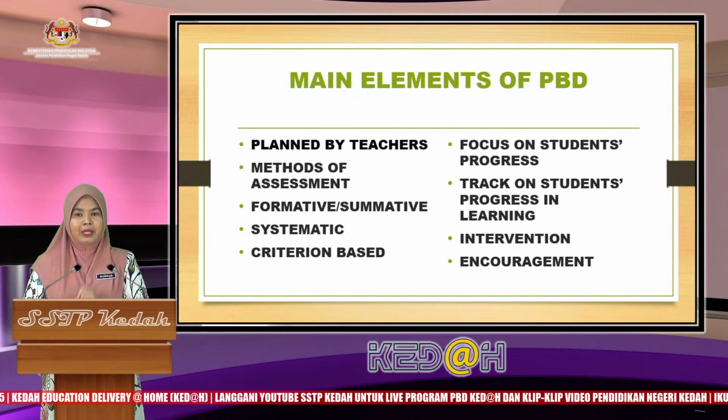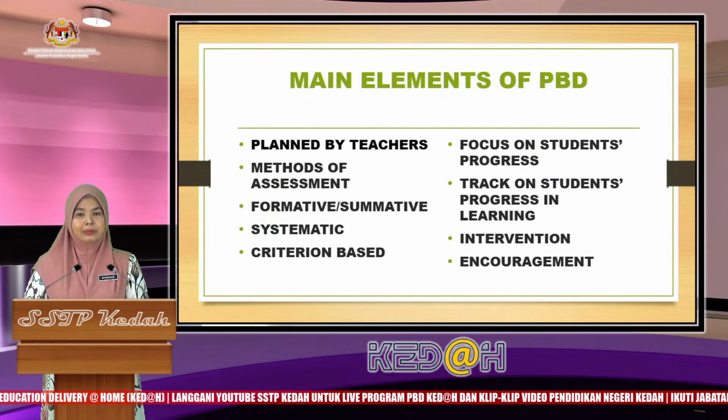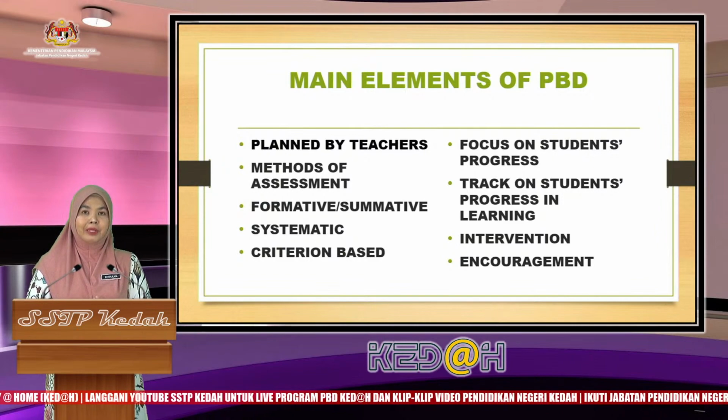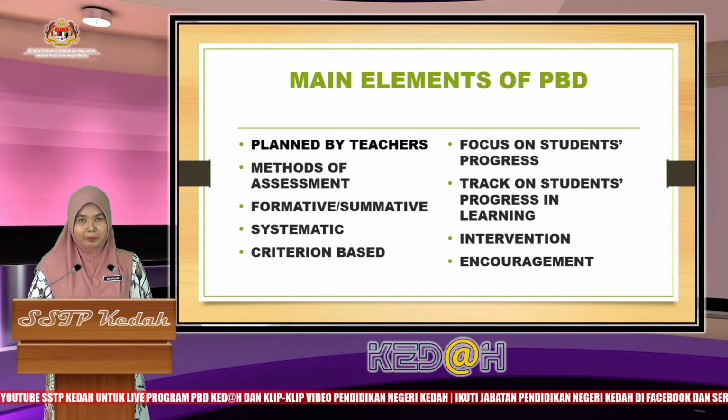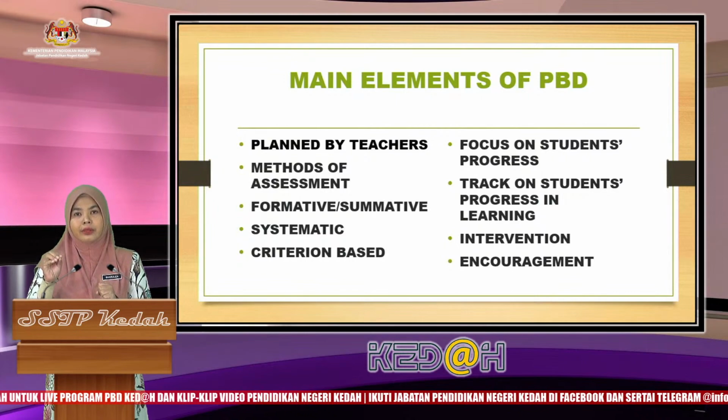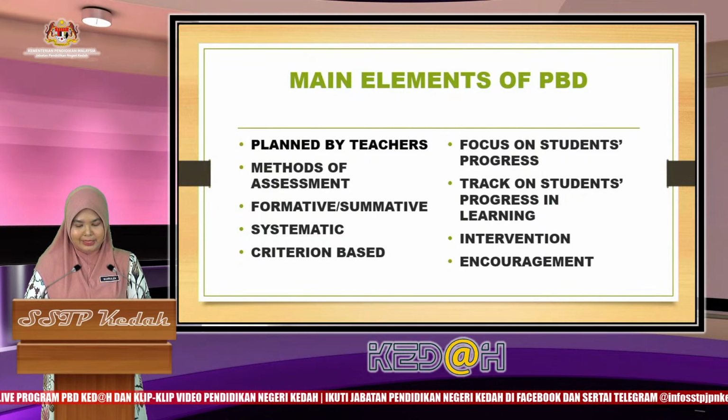Element number 5, it must be criterion based. So when it is criterion based, teachers, you must always refer to the SKP to see which criteria you are going to test.